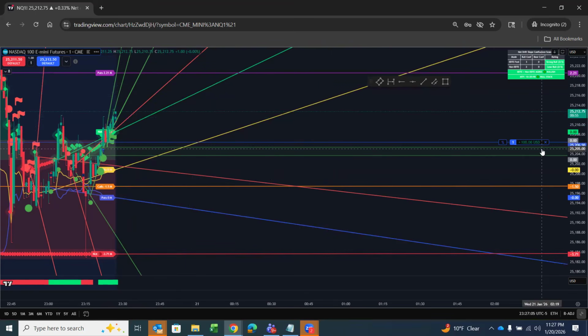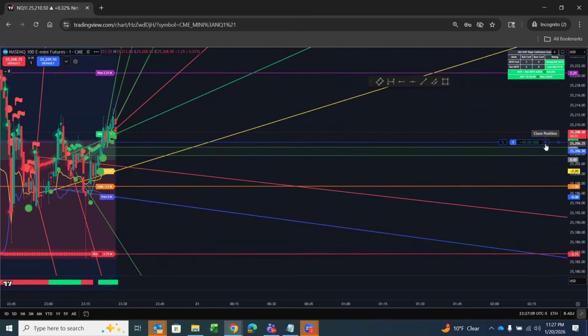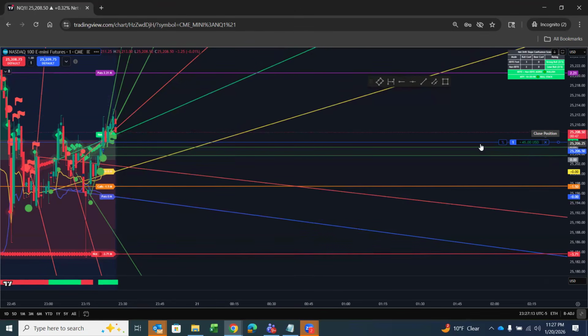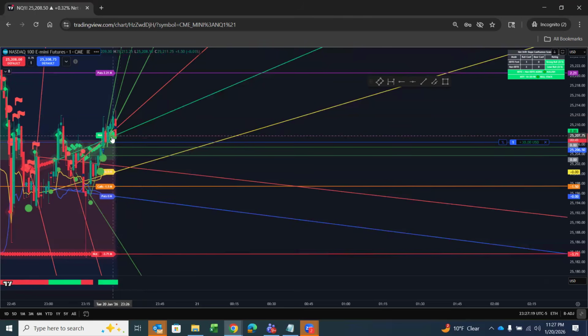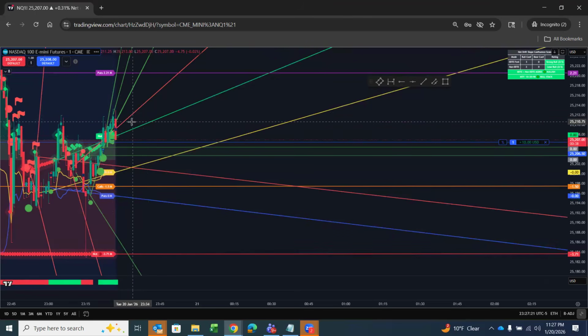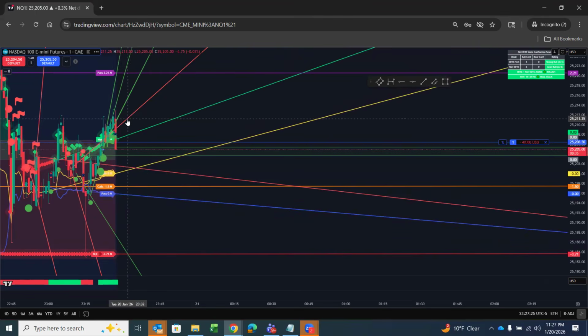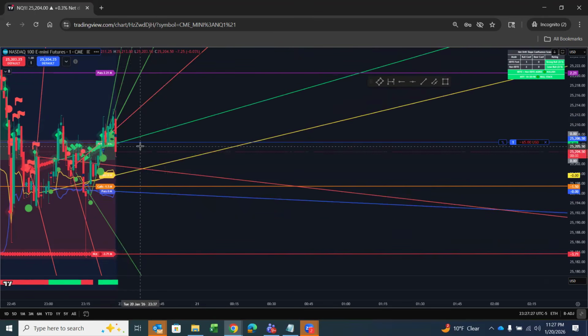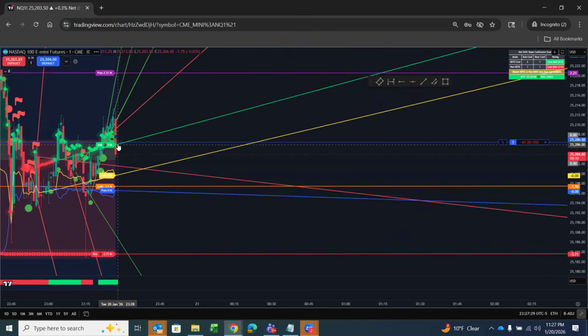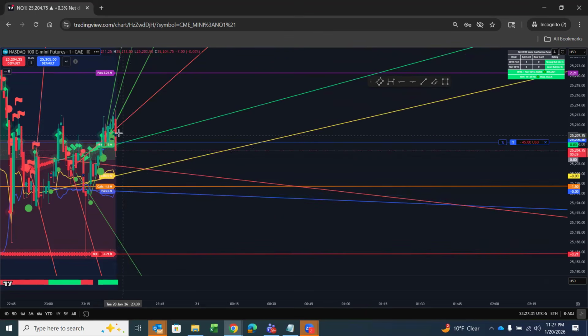We're at 105. 40. We have support here, but we have some resistance in between. So let's see if the support can hold. Price opened up here. This to me is a potential liquidity hunt.